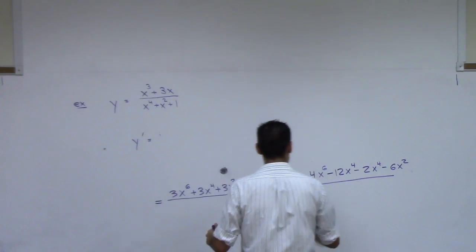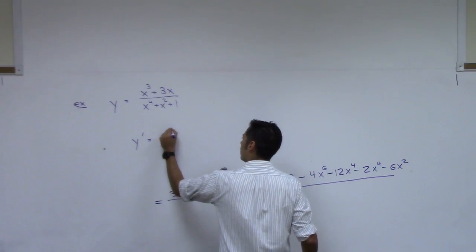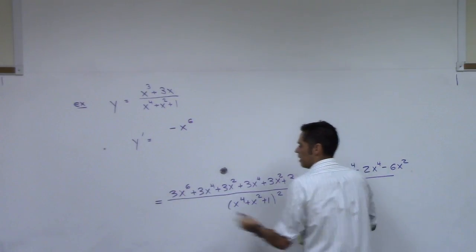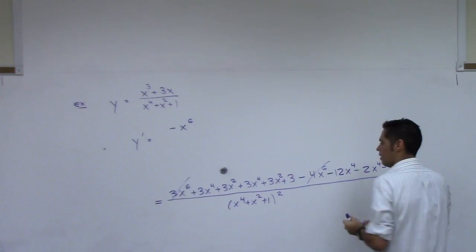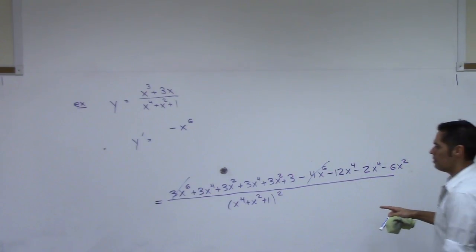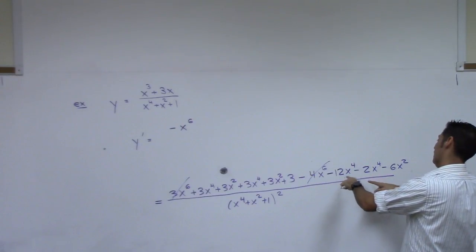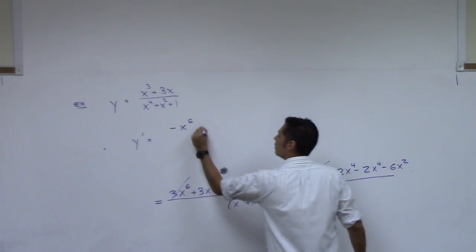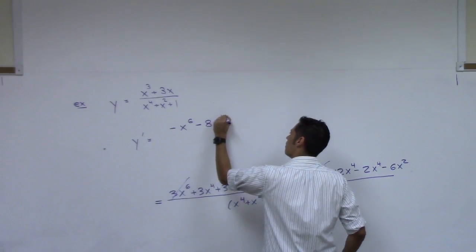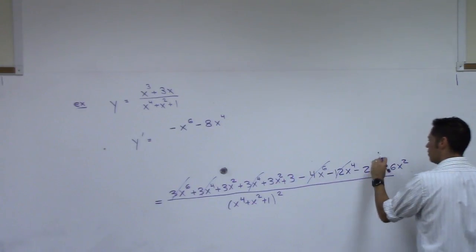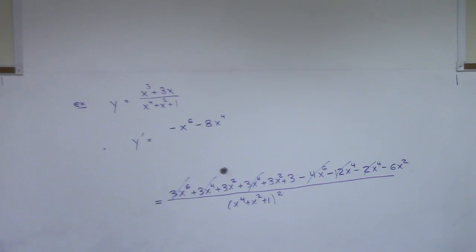So we should get a final result here. Thinking we get negative x to the 6th. Just kind of cancel them out as you go. To the 4th, 6th, minus 8 x to the 4th. That's 6 of them. Took away 12, took away another 2. X squareds? No x squareds, right?